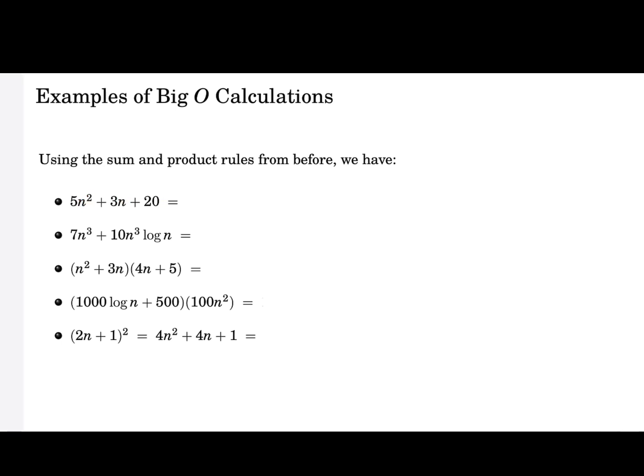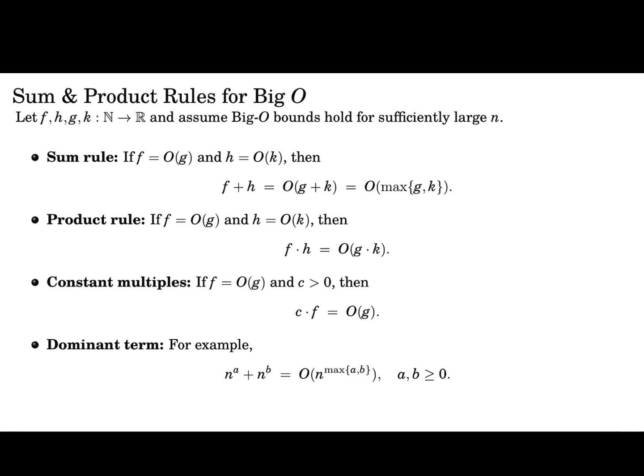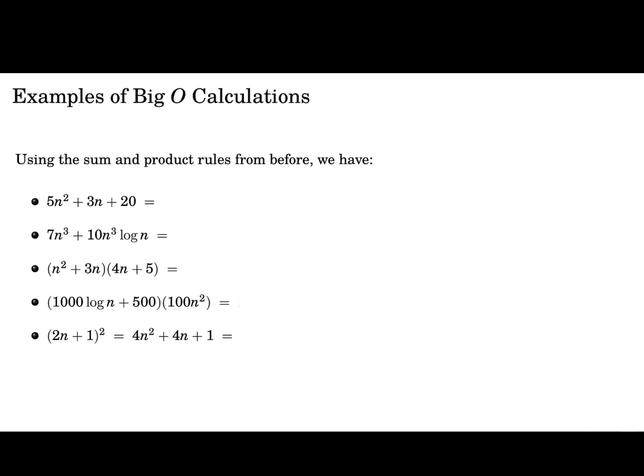Remember that we then just take the maximum of them, so this will just be big O of n squared. For the bottom one, this is going to be contributing n cubed, but this term here contributes n cubed log n, and so this will be larger. So here it's just going to be big O of n cubed log n.